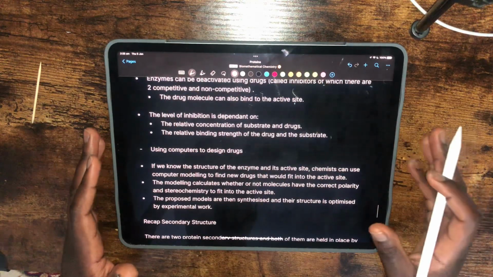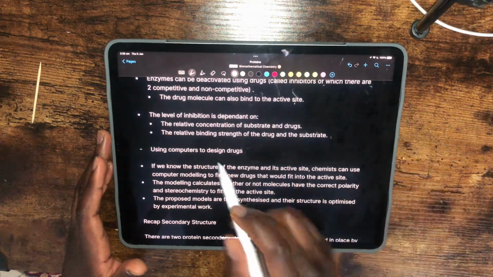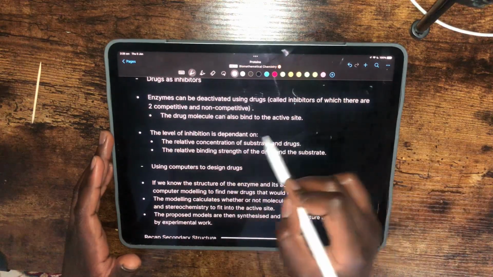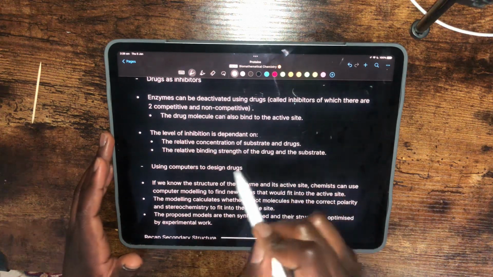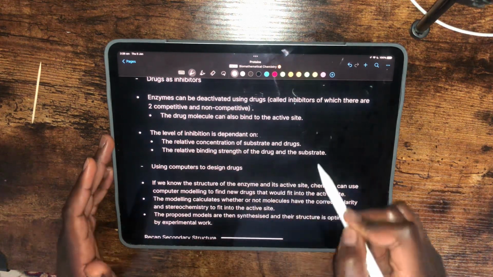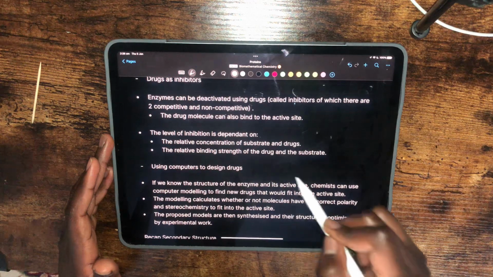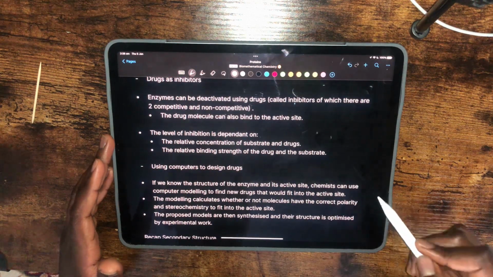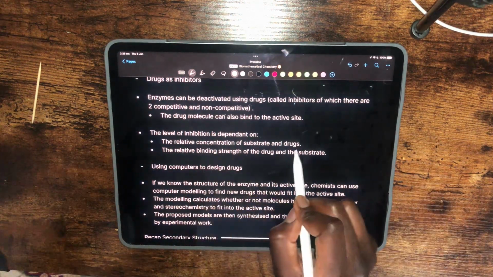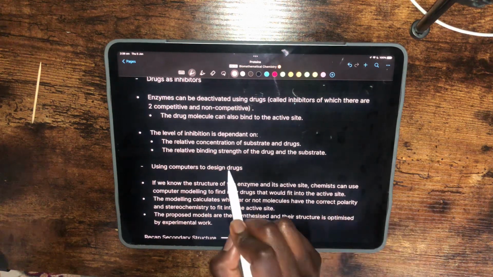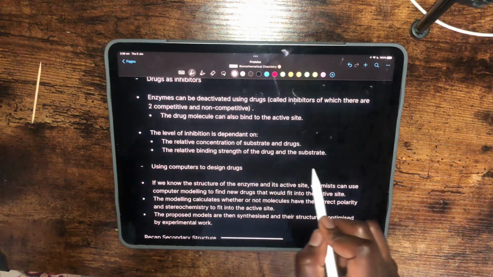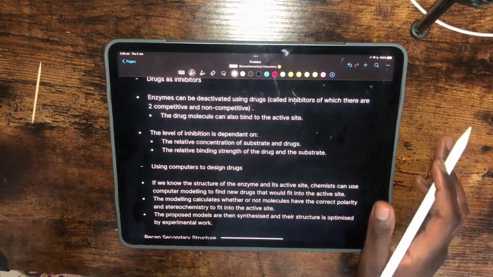What you need to know about inhibitors is that the level of inhibition is dependent on the relative concentration of the substrate and drug, and the relative binding strength of the drug and the substrate. Those two things you need to know.